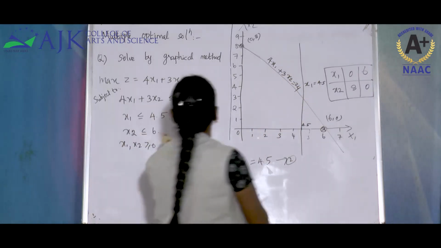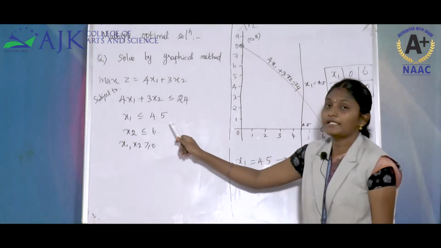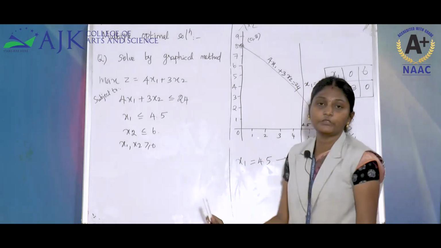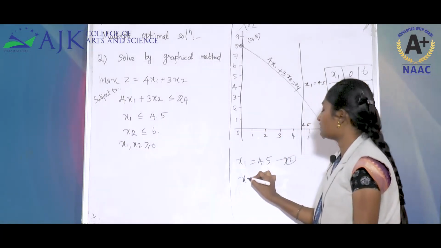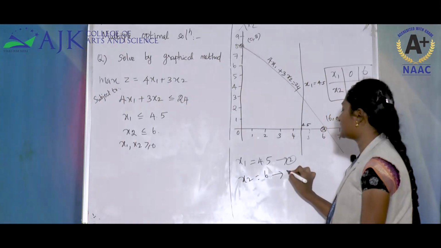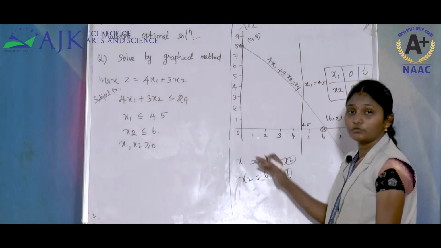Next, your third constraint is x2 is less than or equal to 6. Consider this inequality into an equation: x2 is equal to 6. This is equation number 3. Now we plot this equation on the graph.